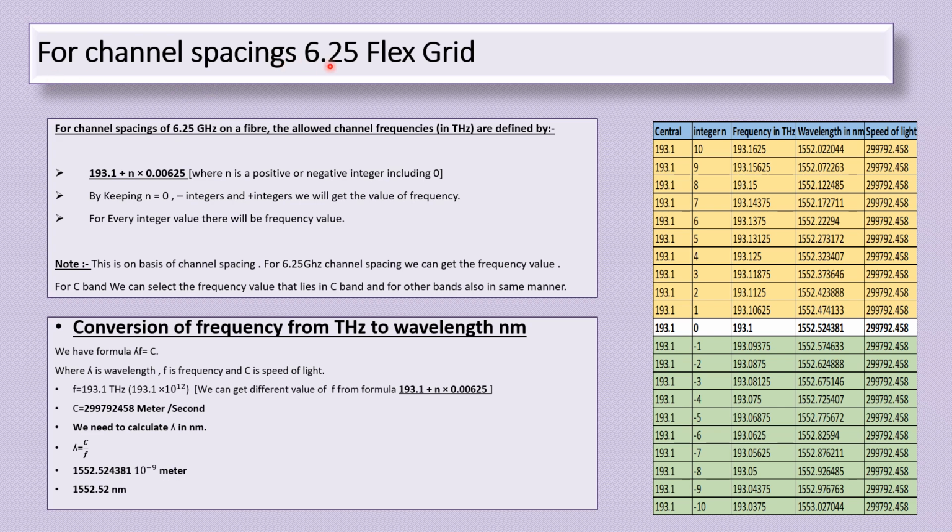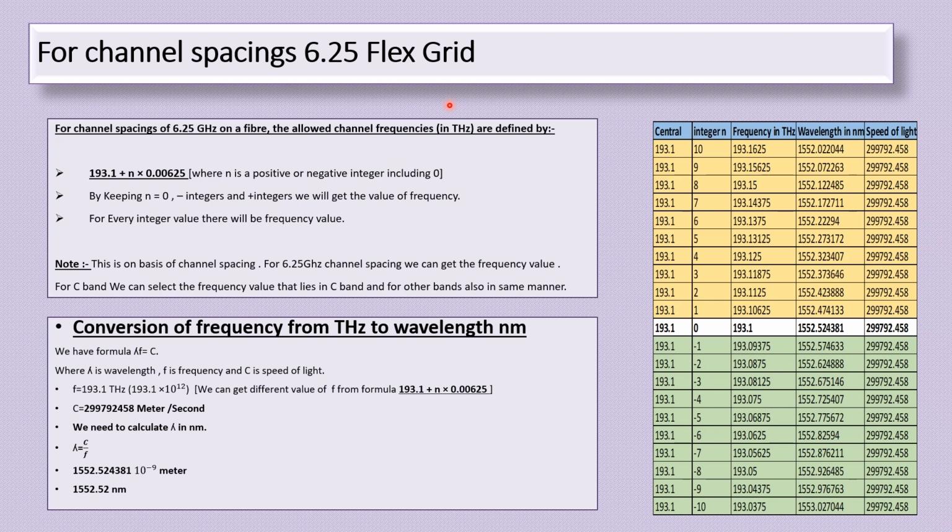For channel spacing 6.25 flex grid, we can say that we are using a fixed channel spacing of 6.25 gigahertz. But the flex grid allows us to choose the slot width, which is not available in the fixed grid. One more important thing is that flex grid allows us to break the frequency spacing into smaller values.